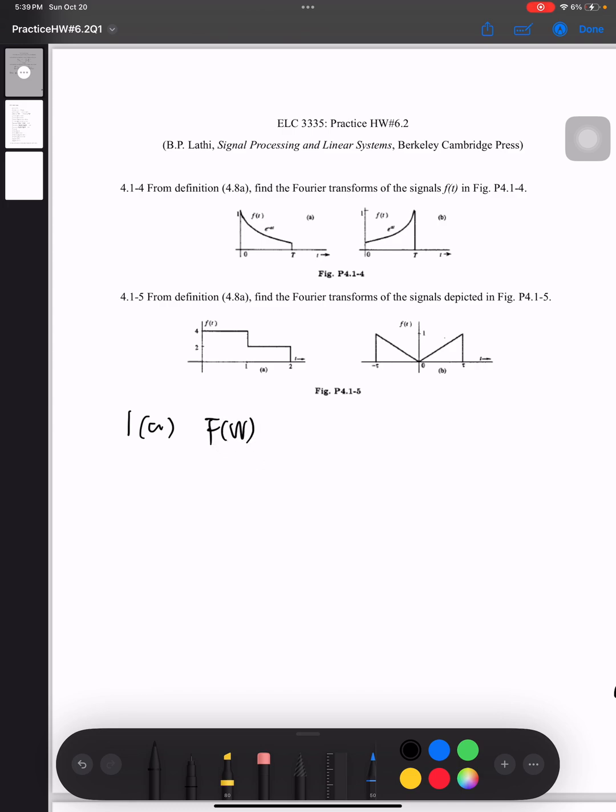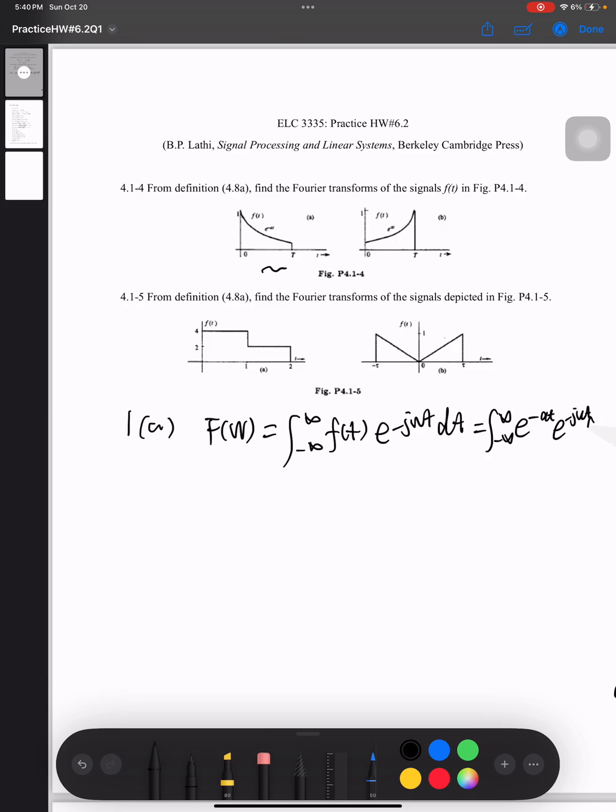So based on the definition, F(omega) is the integral from negative infinity to infinity of f(t) e^(-j omega t) dt. And we can see f(t) is e^(-at), so we can write down e^(-at) e^(-j omega t) dt.